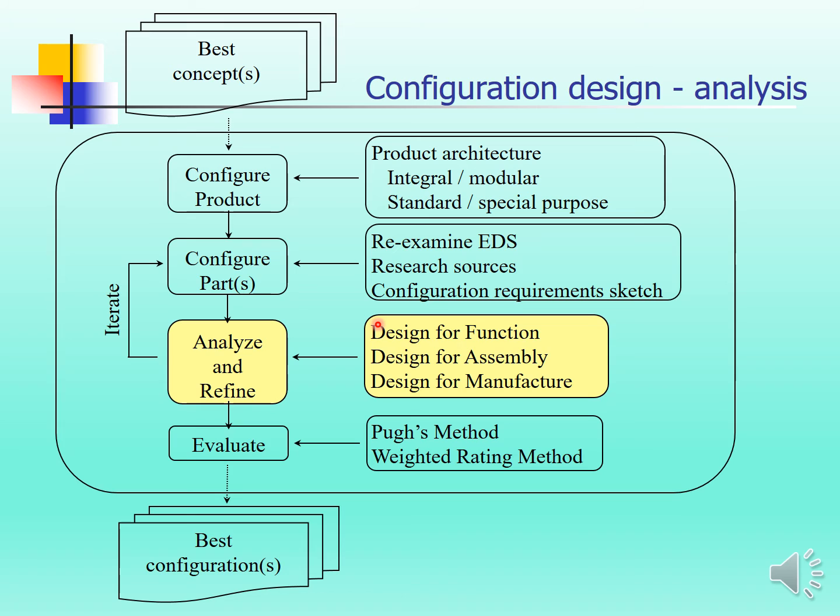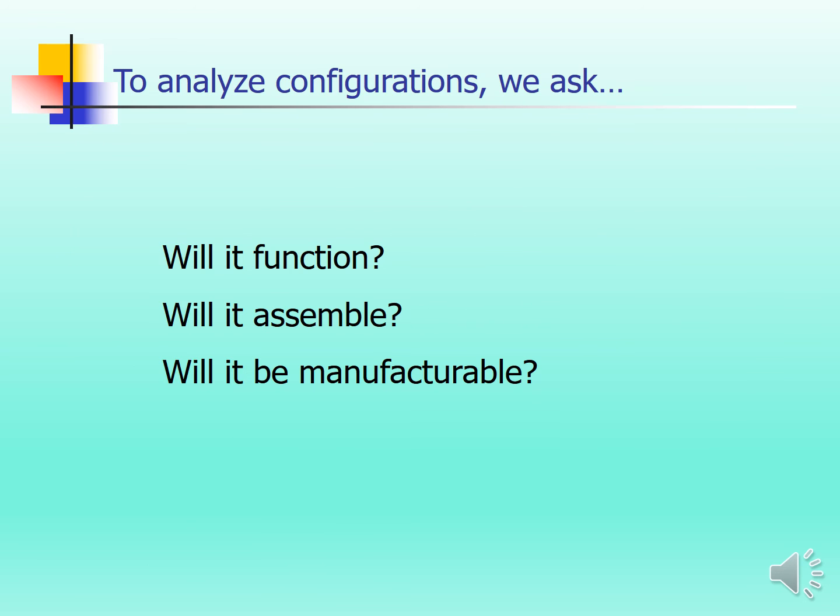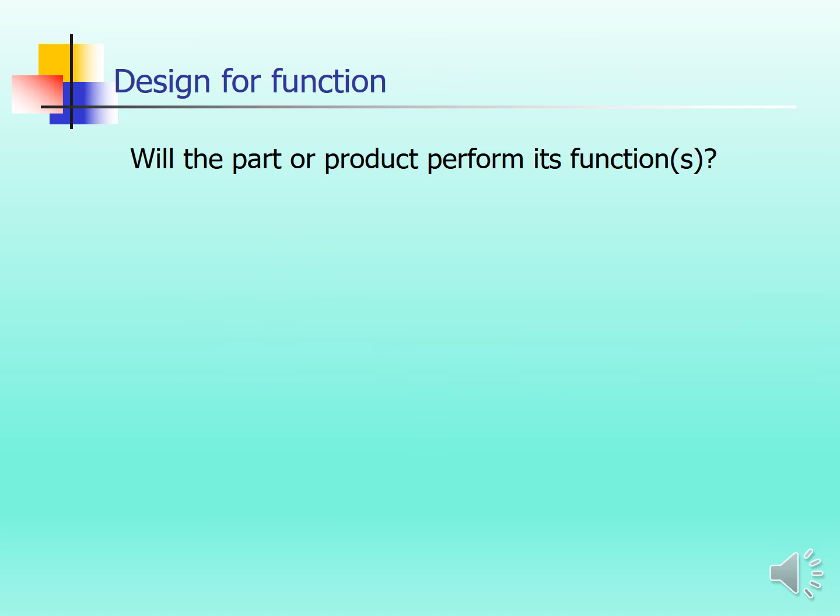Using the methods design for function, design for assembly, and design for manufacture. Next, how do we analyze the configuration? What is the function, what is the assembly, what is to be manufactured? Decide these questions.